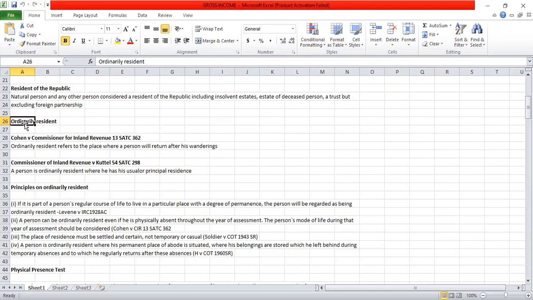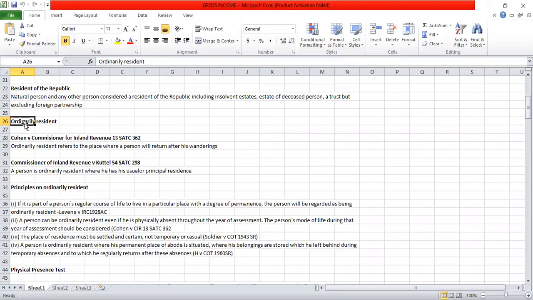So we have to know what ordinarily resident means. Now this term of ordinary resident is not defined in the Act. But we have got various cases that talk about this. We have got, for example, the Cohen and the Kettle cases.